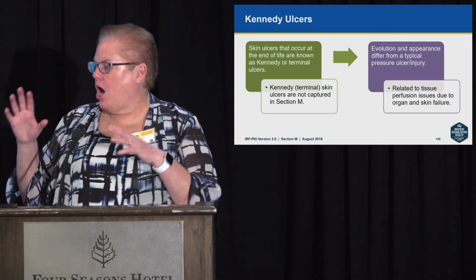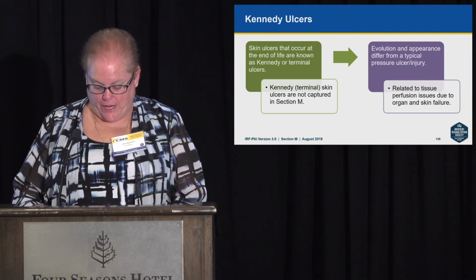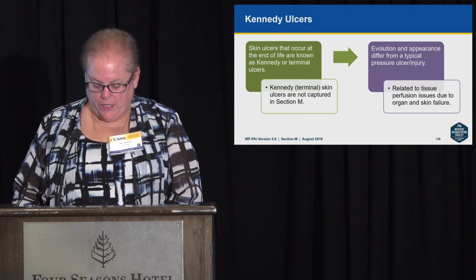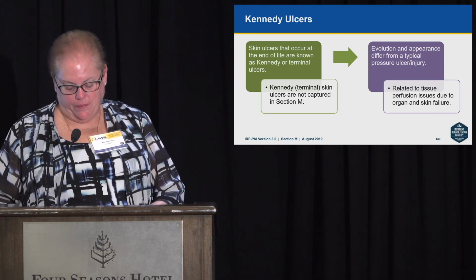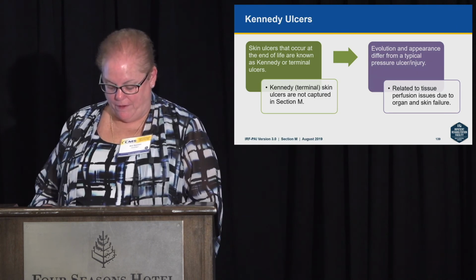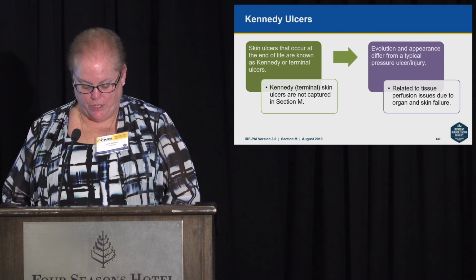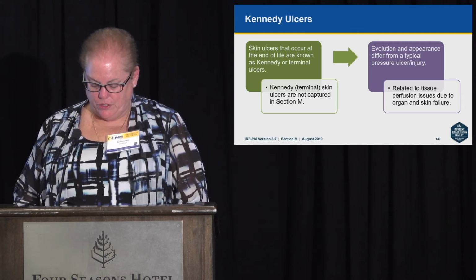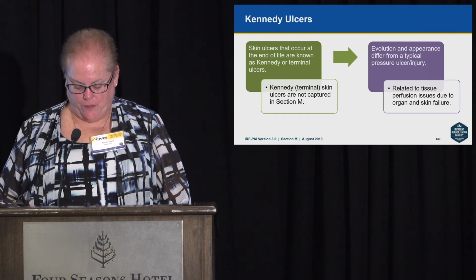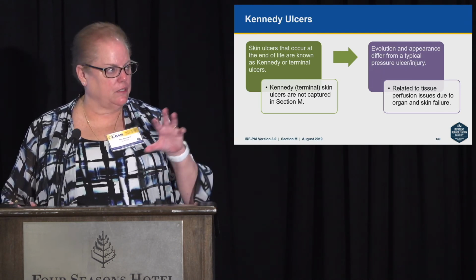So again, another opportunity to educate your staff. For the etiology, if you don't know a lot about these ulcers, that's maybe an opportunity to do an education with your staff. The evolution and appearance differ from the typical pressure ulcer injury. They generally appear from 6 weeks to 2 to 3 days before death, and they present as a pear-shaped purple area with irregular borders, usually on the coccyx area.